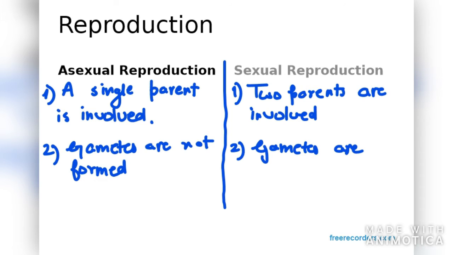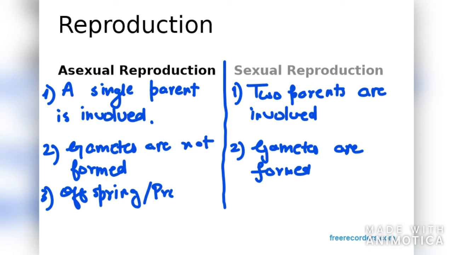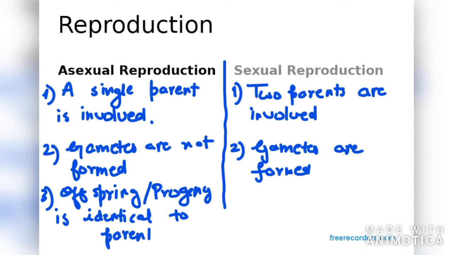Now differentiating the third one. In that you can write progeny is identical, or you can write offspring is identical to the parent. Whereas in the case of sexual reproduction, you have to write that progeny is genetically similar to the parent but not identical.